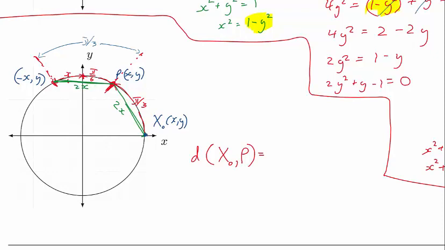And so again, we write out the distance formula. x2 minus x1, quantity squared, plus y2 minus y1, quantity squared. And then we plug everything in. Now the distance is 2 times x.